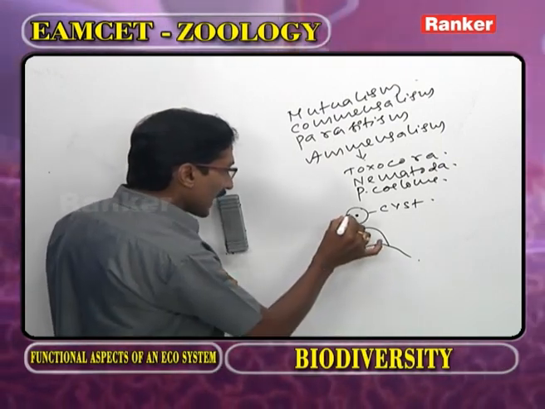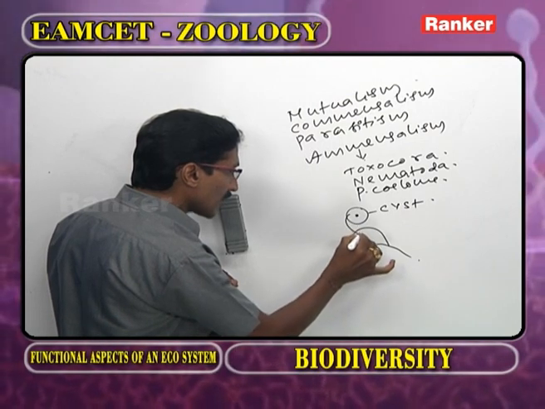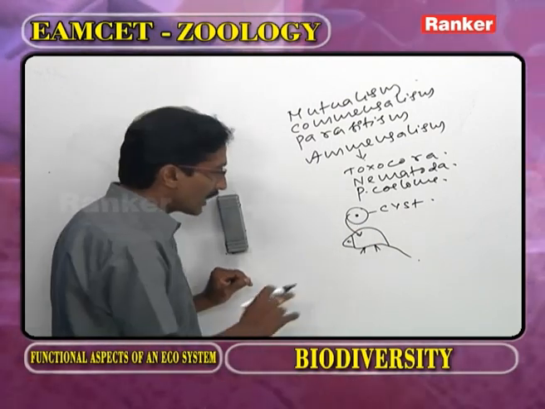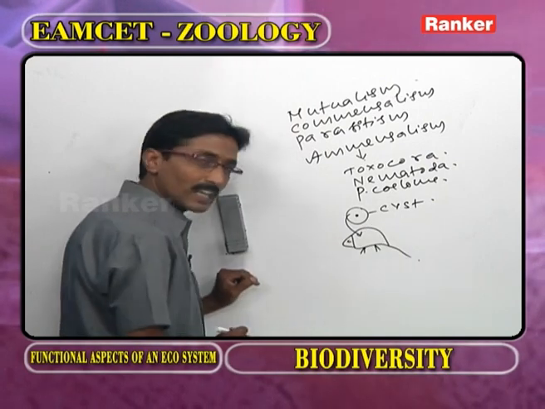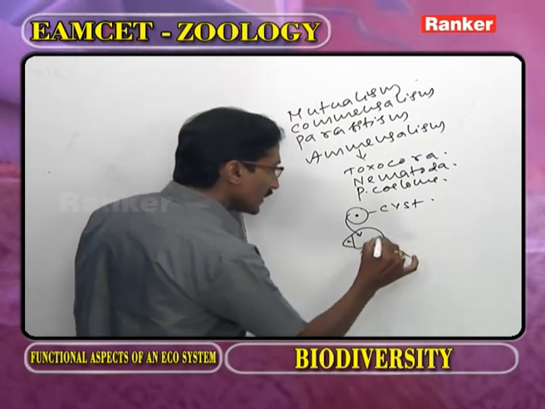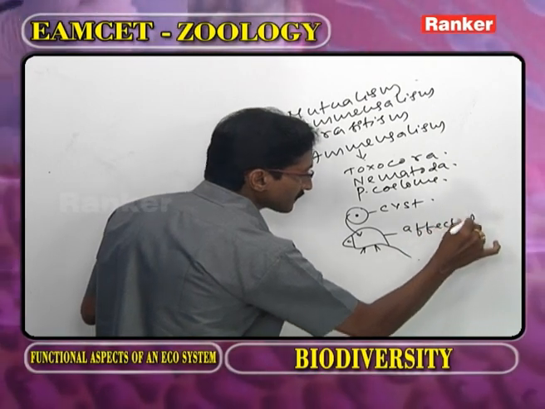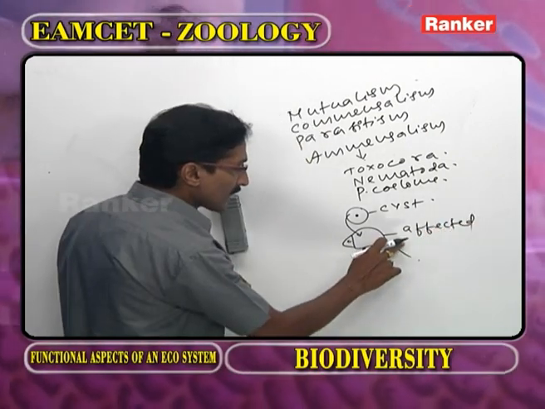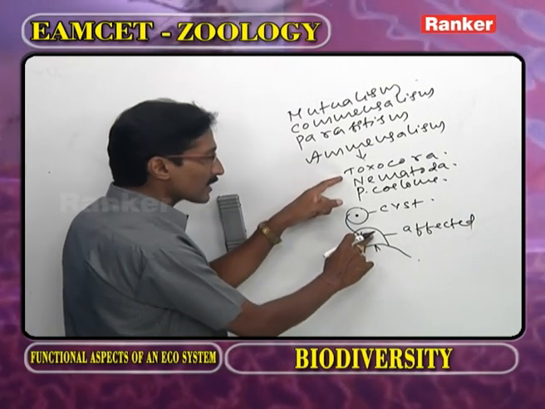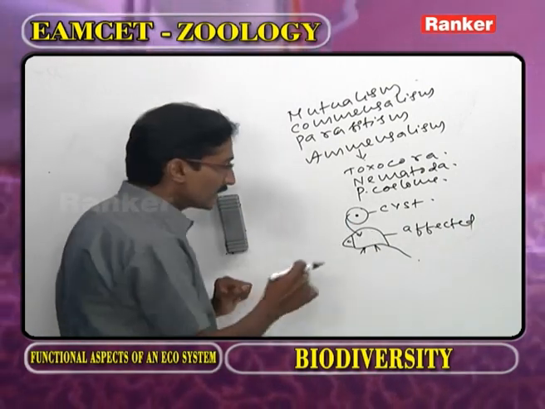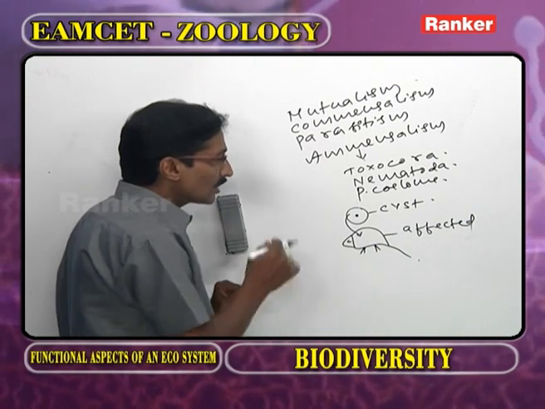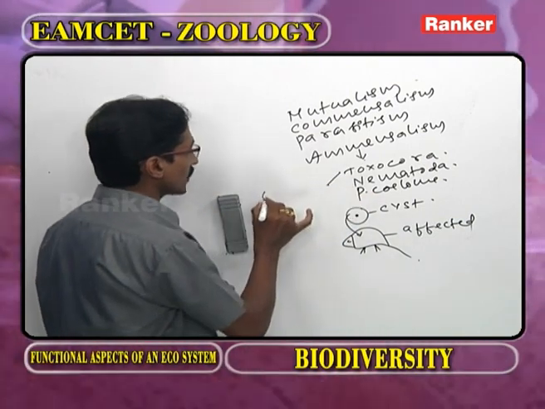Now the encysted Toxocara enters into the body of the rat. Here it is affected. Why is it affected? Because in its body, what is present? The Toxocara. In this association, which is unaffected? The Toxocara.